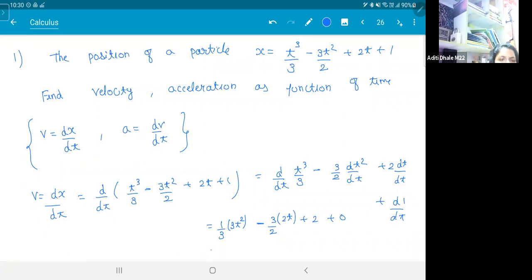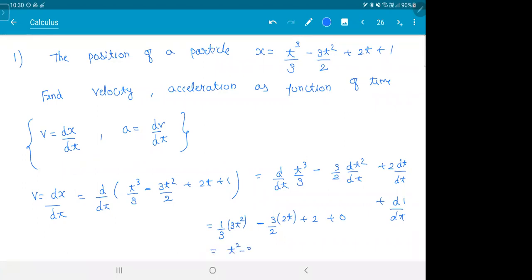Okay, so this is t square minus 3t plus 2. So you guys should be so comfortable with the integration. Just by seeing, you should be able to tell the answer. You should not be writing this much in the exam. If there are 10 steps and you can skip 9 steps, great. You should be skipping steps.